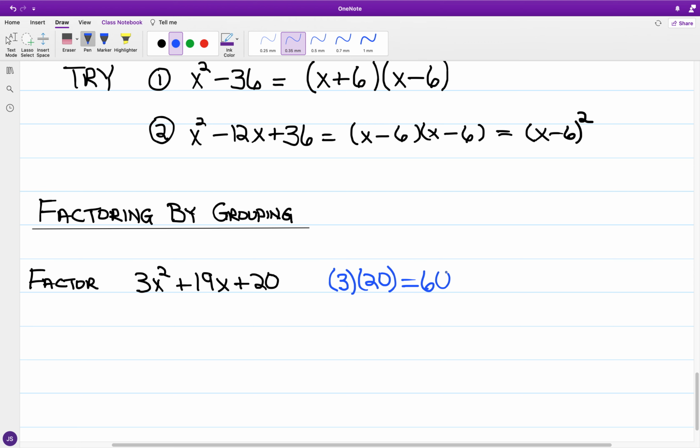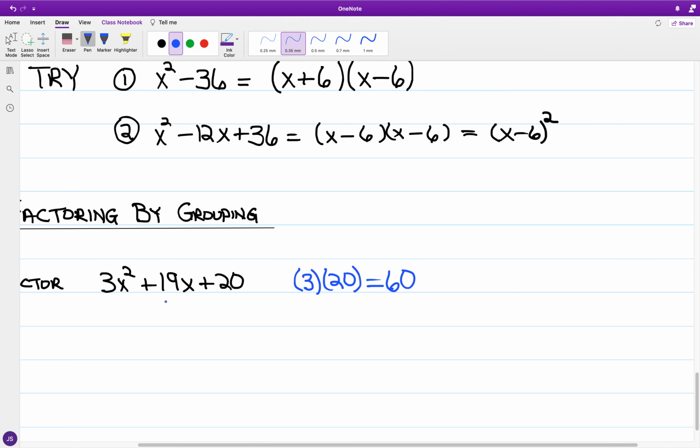The product is going to be 60. Now we're going to involve the number 19. Now that we have the product at 60, we're looking for factors of 60 whose sum will end up at 19.